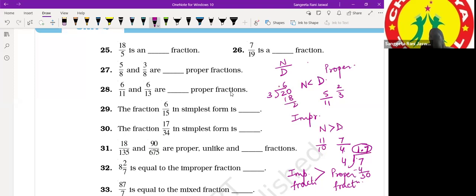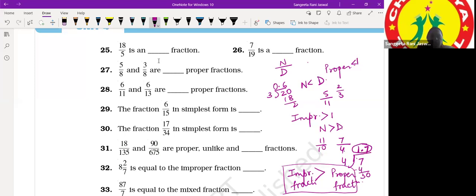So this is 0.6, which means it is less than 1. So proper fractions are less than 1. Improper fractions are greater than 1. So we can always say that improper fractions are greater than proper fractions. Okay.